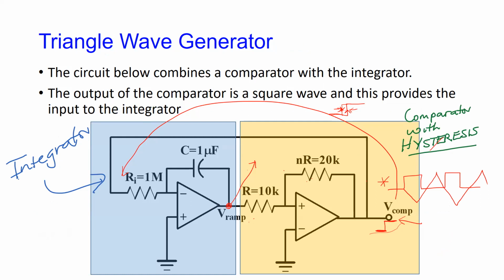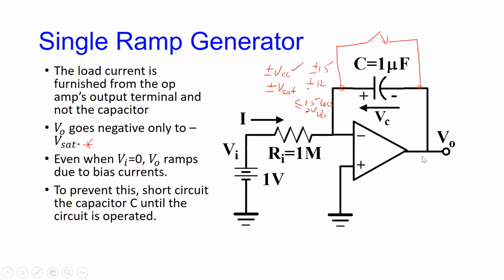The comparator with hysteresis is actually based on something that you should have met in year 1. And the hysteresis value is set by that resistor value N. But the explanation for all of these, including how the circuit works, including things like the precision rectifiers and so on, were all given in handouts that you had.